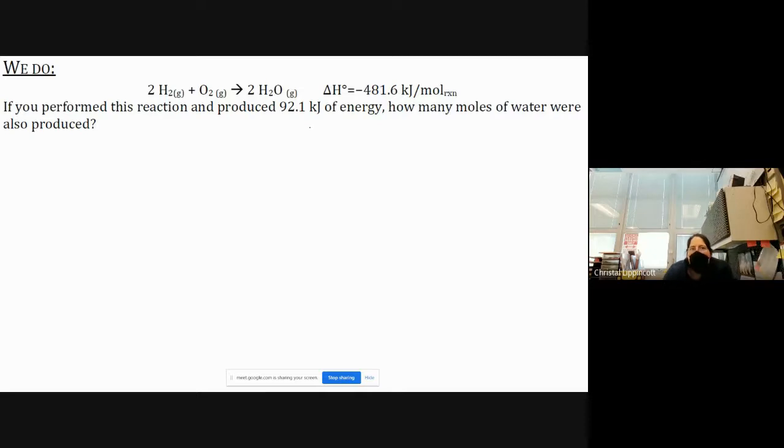All right. Here we've got a reaction. How many moles of water were also produced? So we formed this much energy. How many moles of water were produced in that process? So you're going to start out with your 92.1 kilojoules.